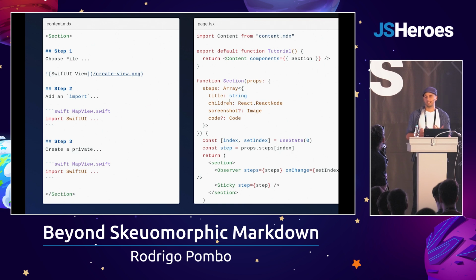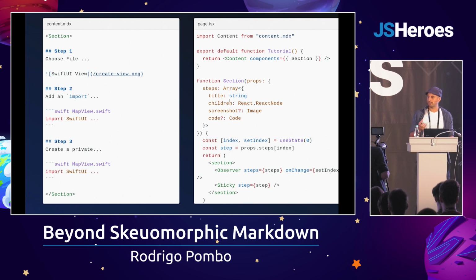Then I realized that the real problem I wanted to solve was giving Markdown enough structure so we can pass that structured content to components, to the UI, and render it in any way we want inside the component.